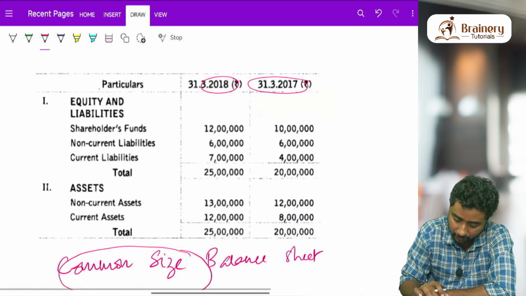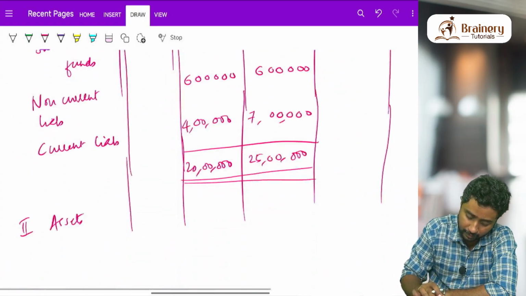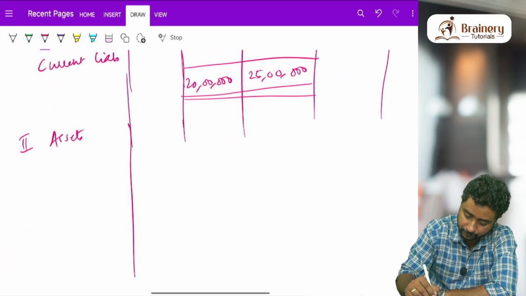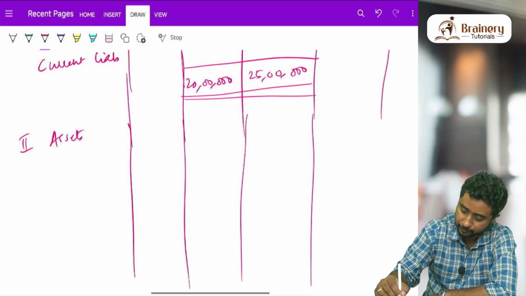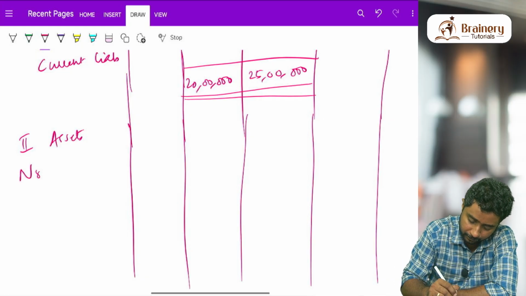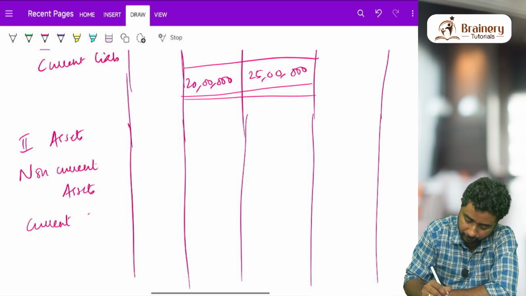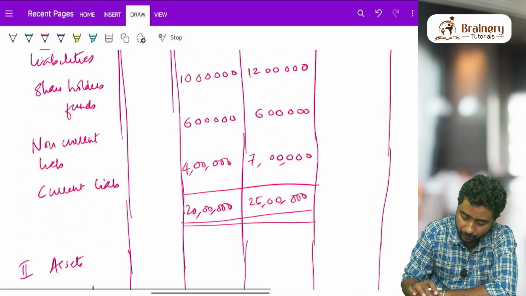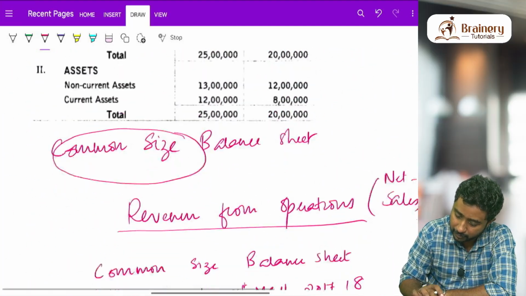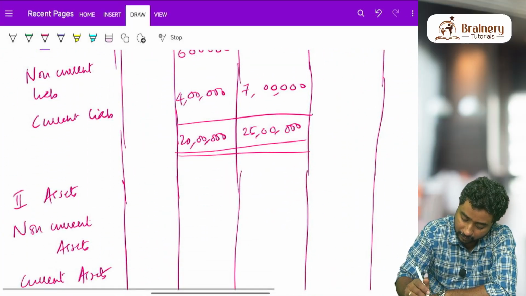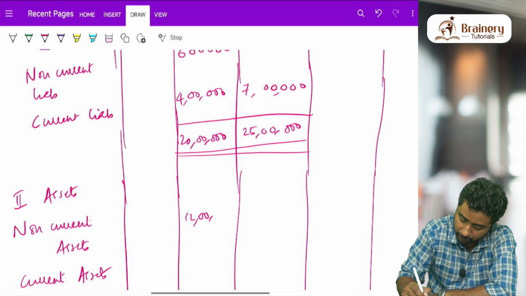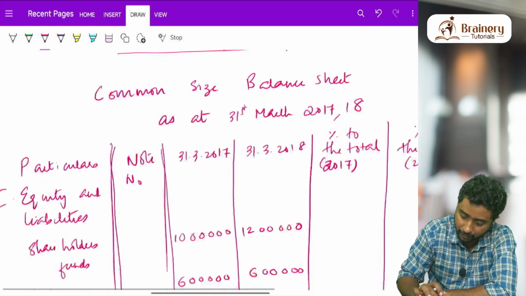In that you can see only two, non-current assets and current assets. Non-current assets: previous year 12 lakhs, current year 13 lakhs.